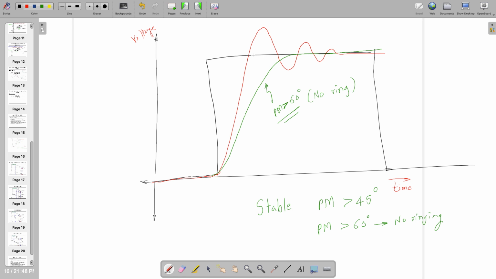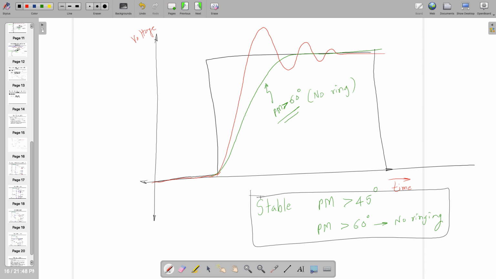Otherwise this won't work. We will understand this maybe when designing some system like a differential amplifier or an operational amplifier and so on. But for now, just remember that for your system to become stable, it has to be more than 45 degree.